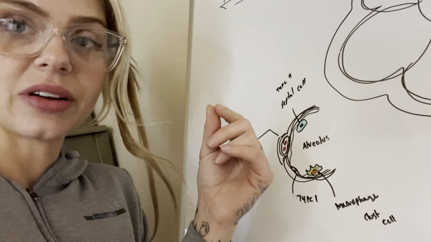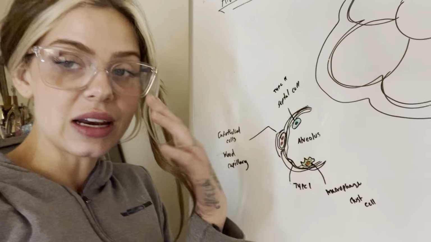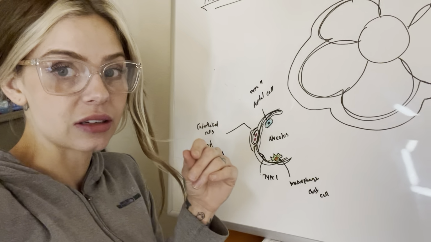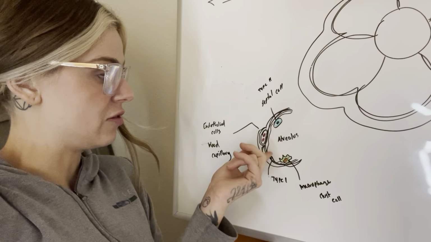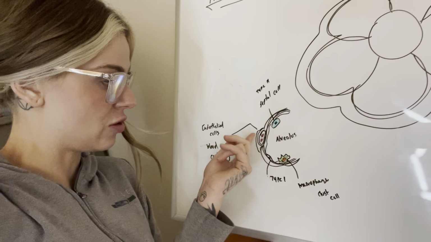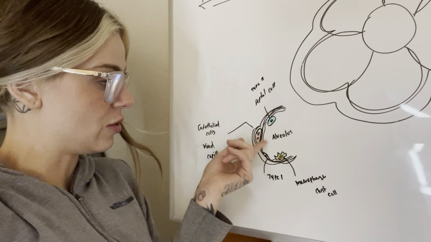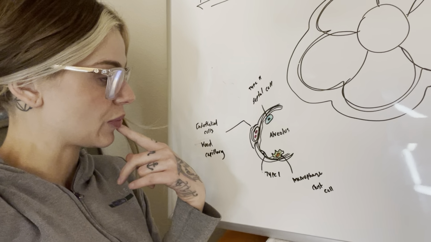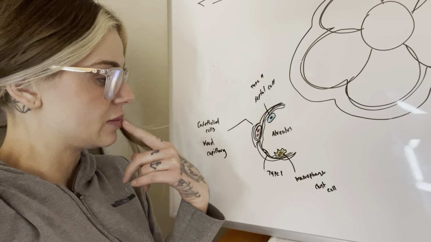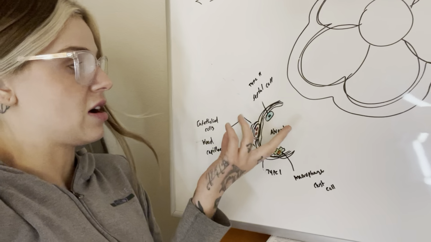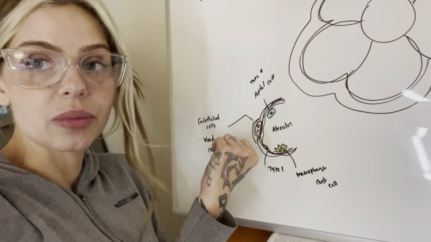It's separated by a very thin basement membrane, and this makes for very rapid diffusion. So we have oxygen going right into the blood right here. And that's how we're getting the oxygen through the air out of our lungs and into our blood.